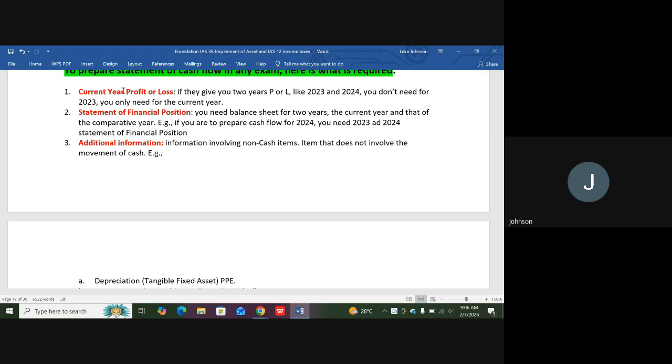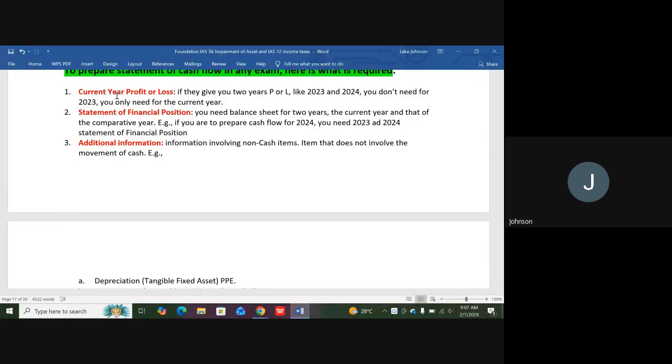You need the current year profit and loss account; that is all you need. You don't need last year's. In an exam scenario, if they give you the profit and loss account for 2 years, like 2023 and 2024, you don't need 2023.